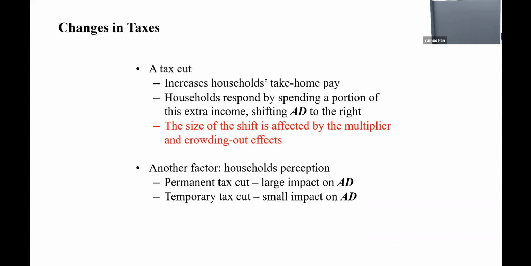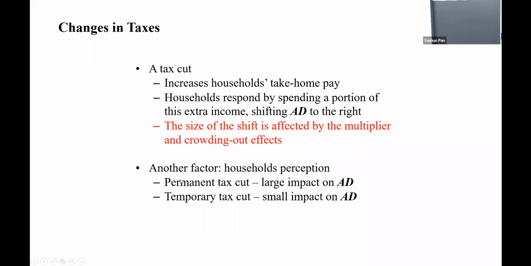This is easy. The size of the shift is affected by the multiplier and also the crowding out effect, because fiscal policy has two effects, right? And taxation is one part of fiscal policy, so taxation also has two effects, the multiplier effect and the crowding out effect.